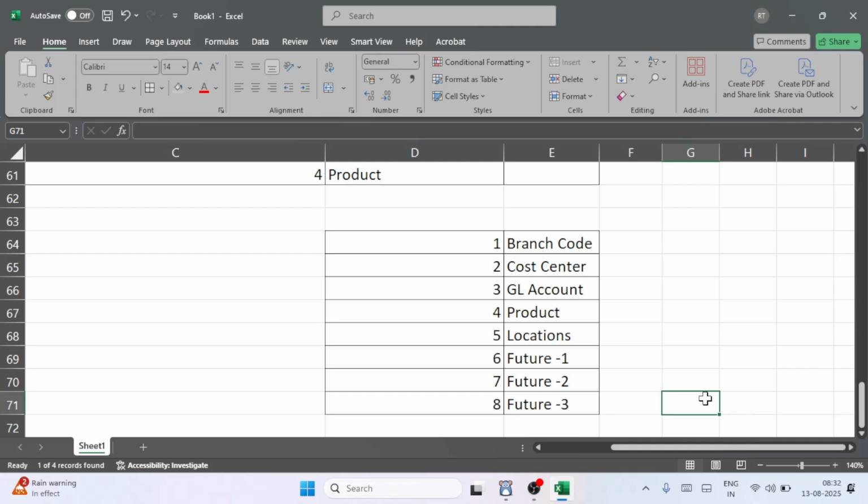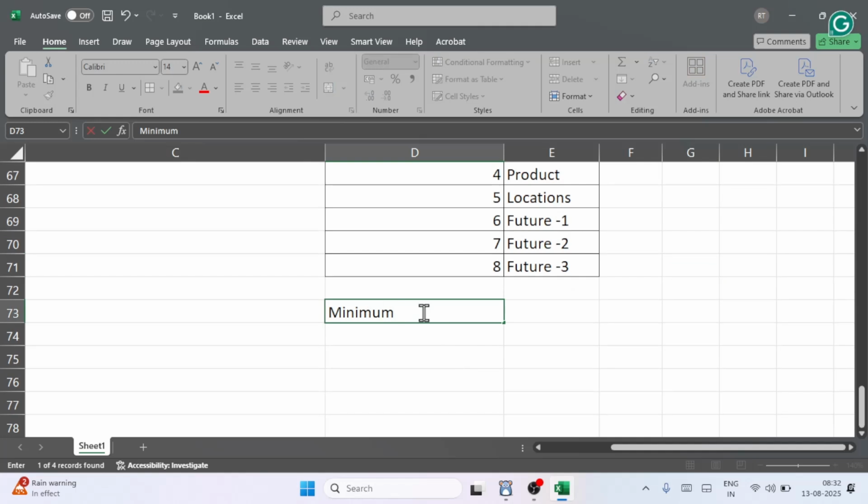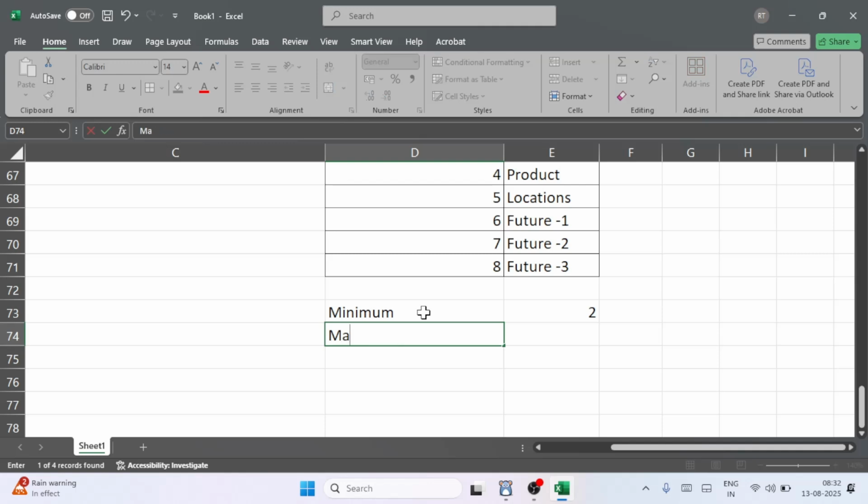So minimum segments to define a chart of accounts is 2 and maximum 30. This is a very important interview question.